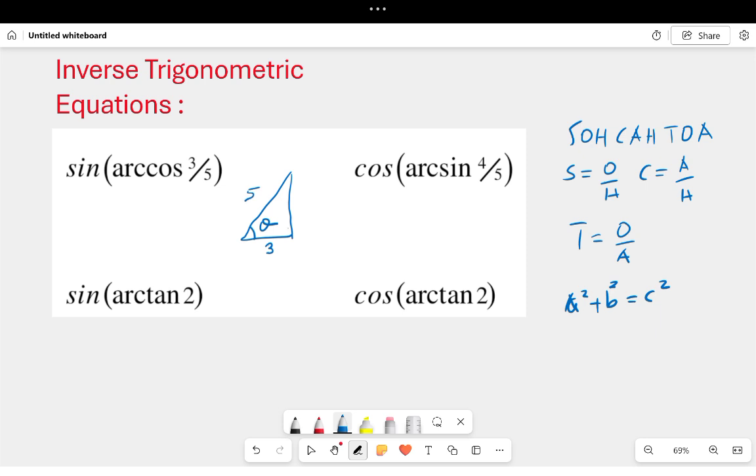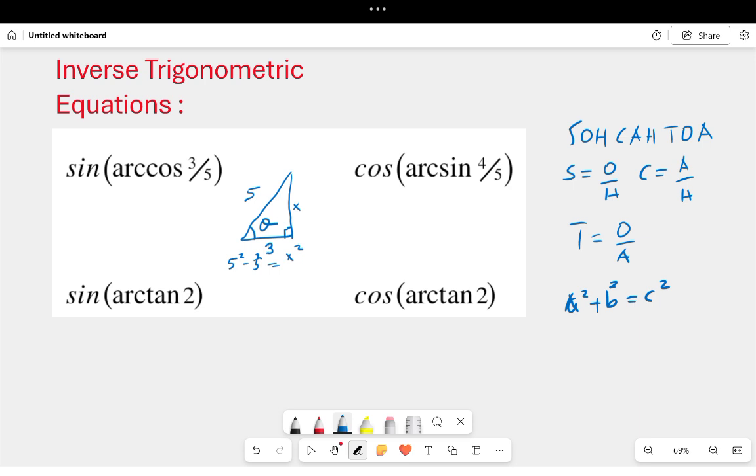Therefore, using Pythagoras theorem, we are going to find the missing side of this triangle. So 5 squared minus 3 squared will be equal to this side here, let's call it x squared.